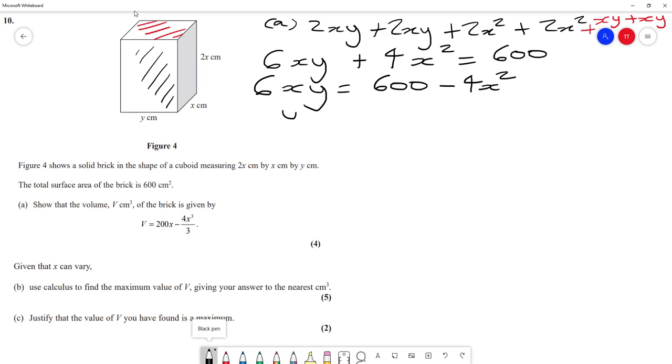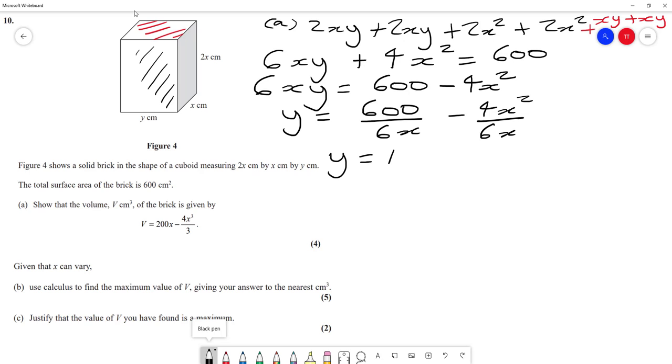And then I'm going to divide both of them by 6x respectively. So that will give me 100 over x, minus 2/3 x.